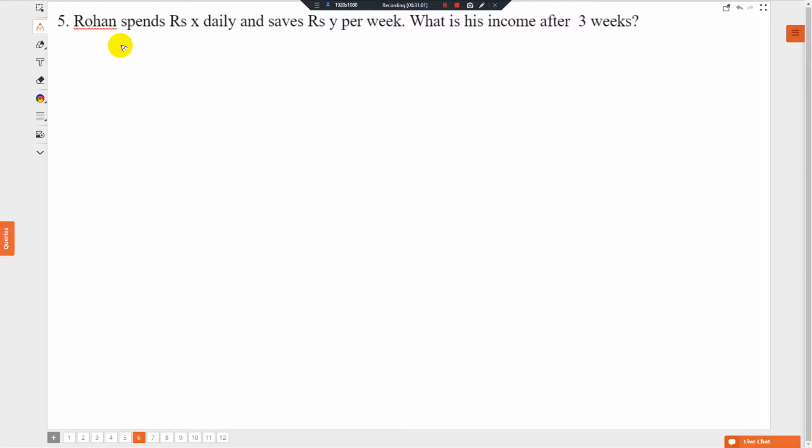Now here, Rohan spends rupees X daily and saves rupees Y per week. What is his income after 3 weeks? See, Rohan spends rupees X daily, and he saves rupees Y per week. So what will be his income?